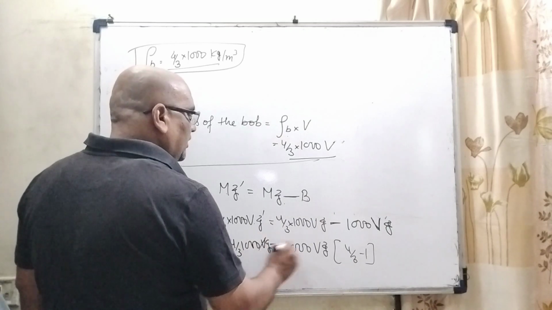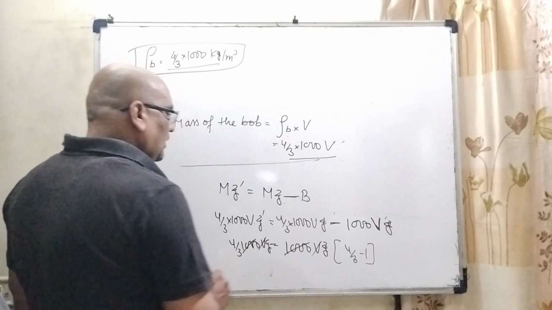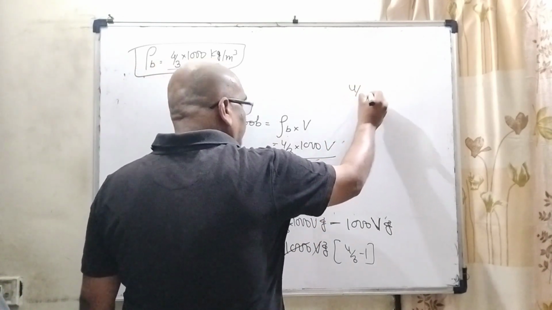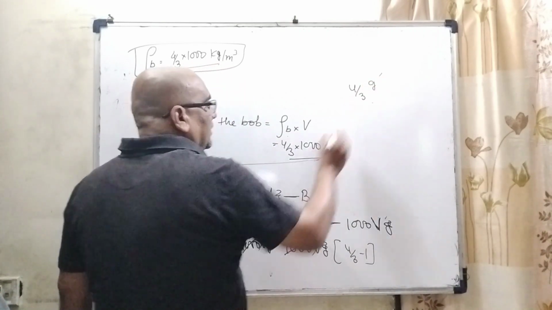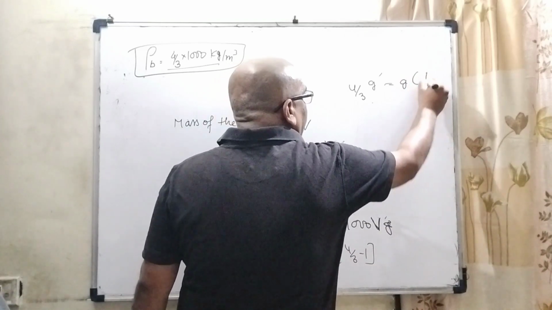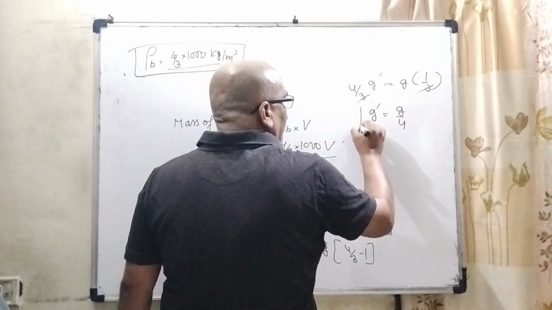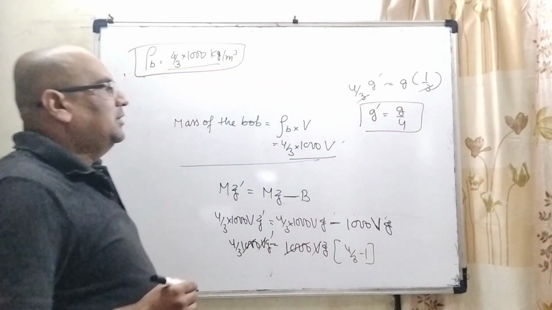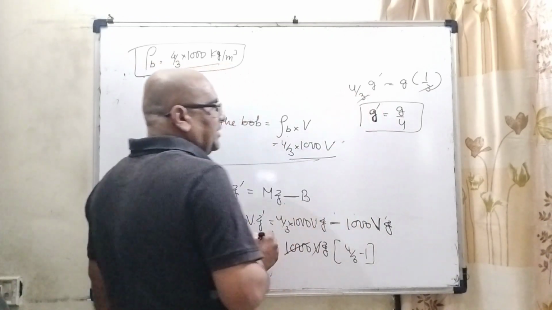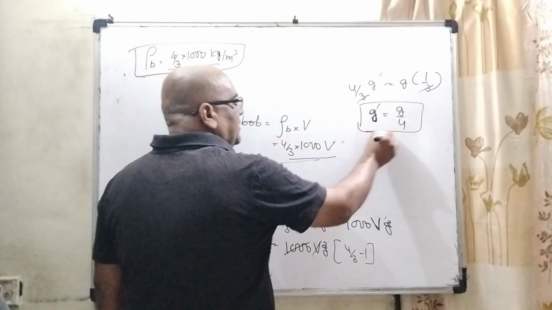Here V cancels out, 1000 cancels out, and here 4 by 3 g dash is equal to g into 1 by 3, here 3 cancels out, then g dash equals g by 4. So here we get the relation between this apparent acceleration due to gravity and actual gravity: g by 4. So here we establish the relation.